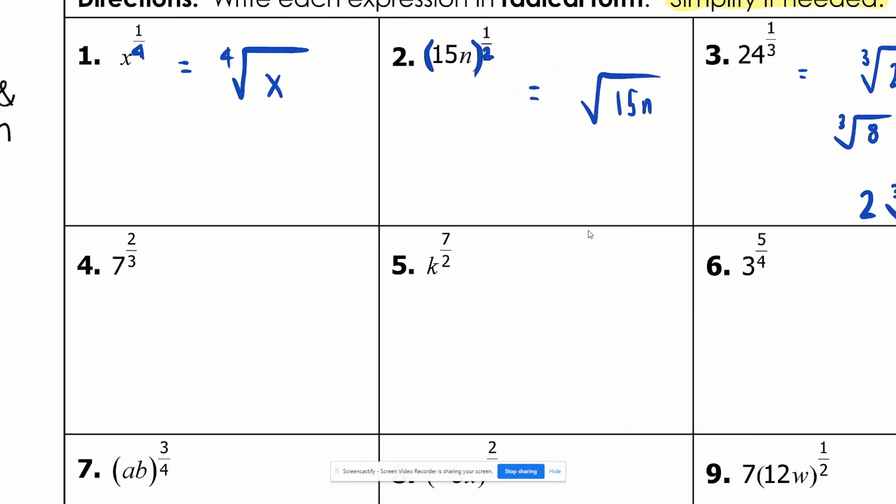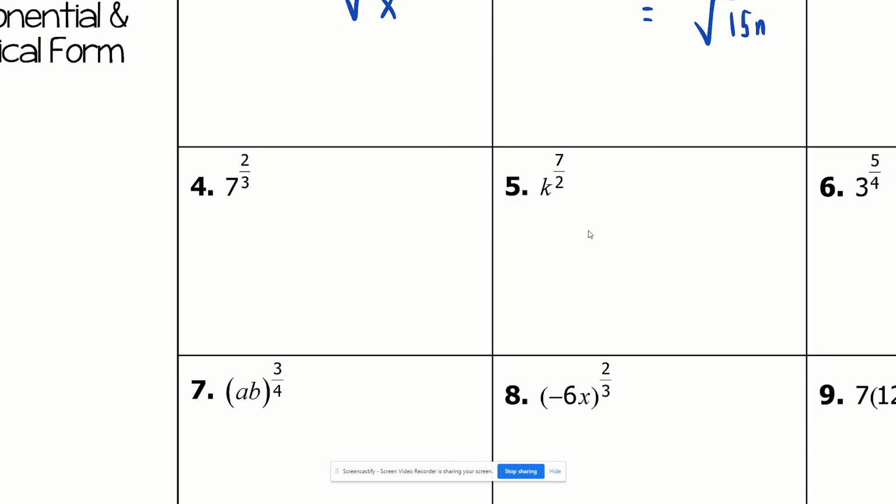Okay? All right, next. We've got 7 to the 2/3 power. So here's what I'm going to do. I'm going to go ahead and draw my radical because it's a rational exponent, a fractional exponent. The base of my exponent is the radicand. The denominator is the root. And the numerator is the exponent that goes on my radicand.